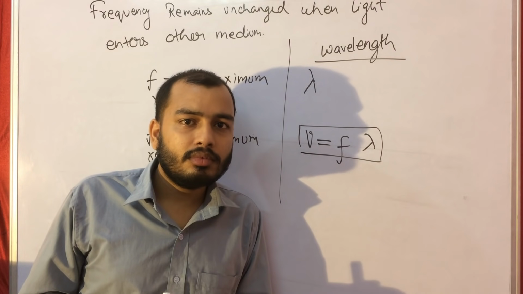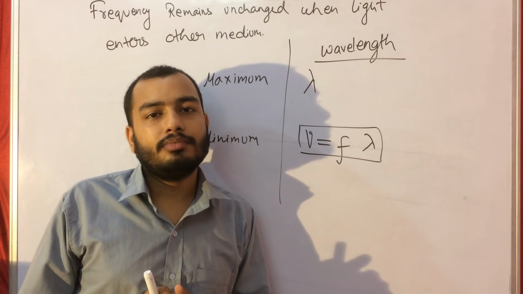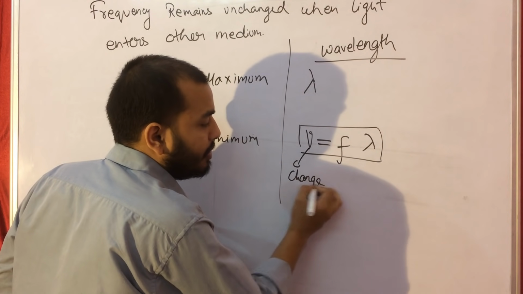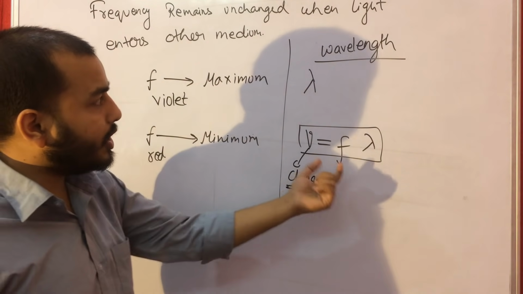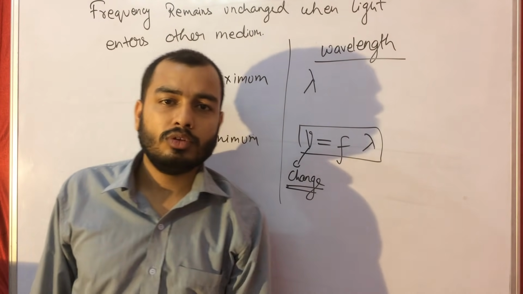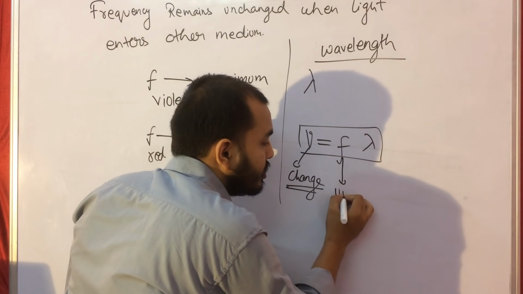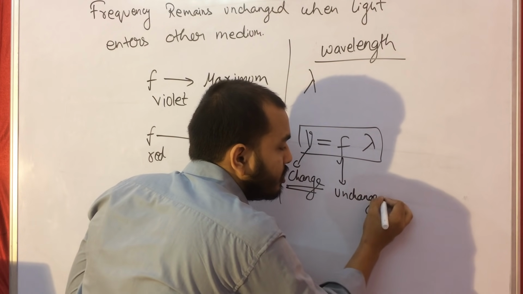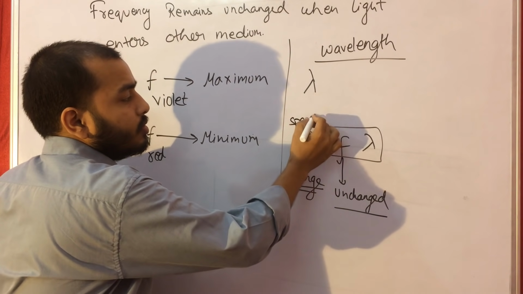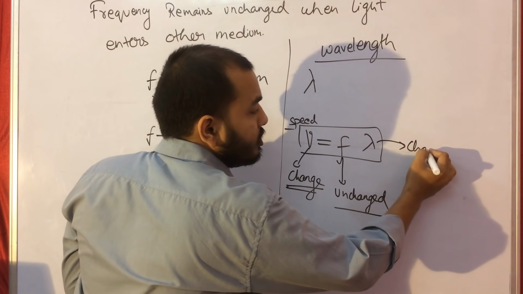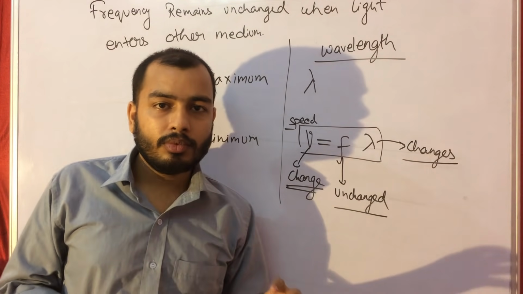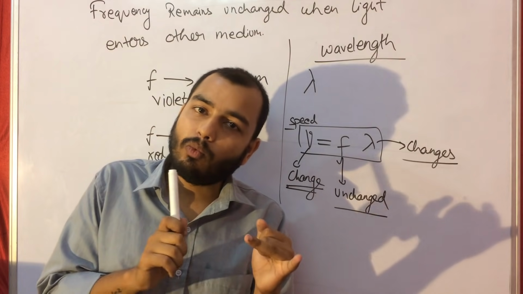The denser medium slows light, so speed has to change while changing medium. And for frequency, you say frequency remains unchanged. Now, how will this speed change? With the help of wavelength. So wavelength also changes. Whenever you change the medium, speed changes and wavelength changes.